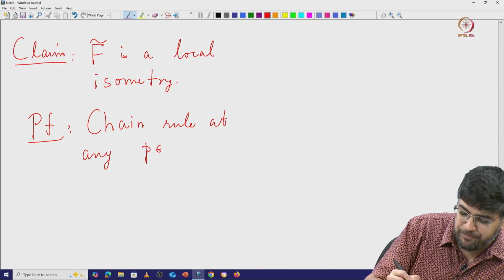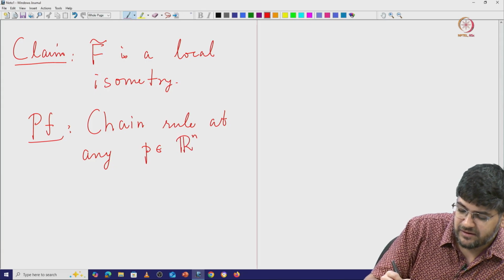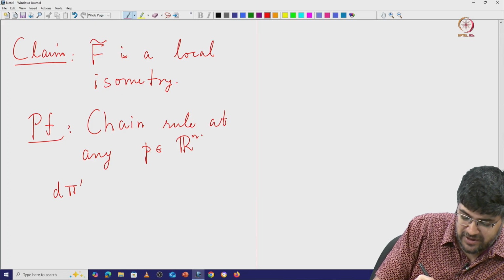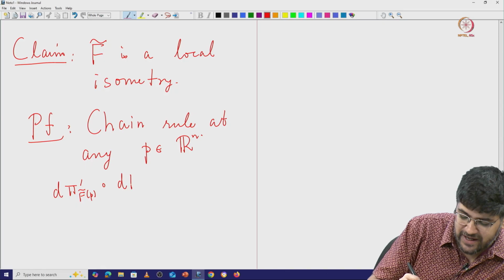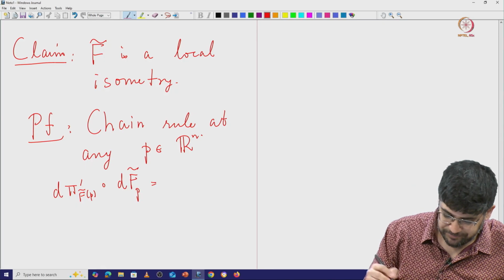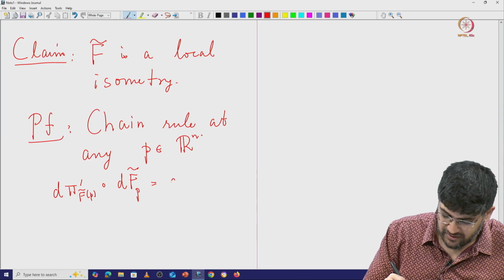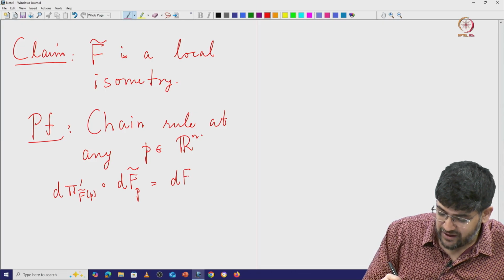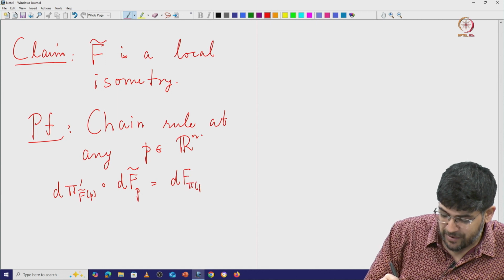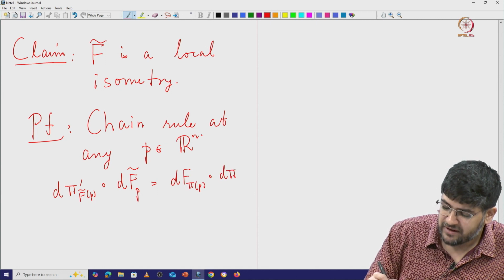At any point P in Rn, you basically have d pi prime at f tilde of P composed with d f tilde at P is the same as df at pi of P composed with d pi at P.